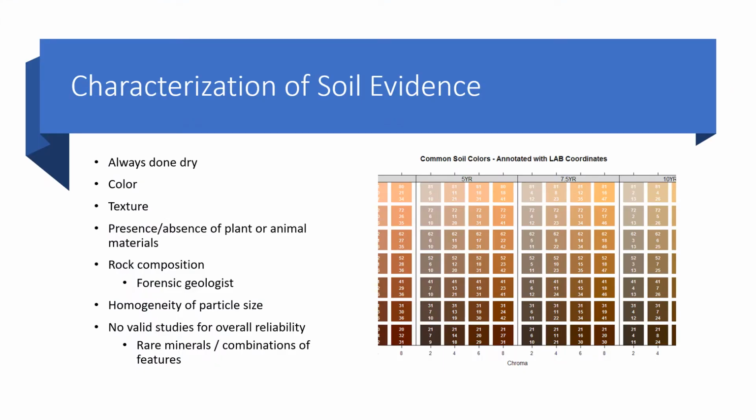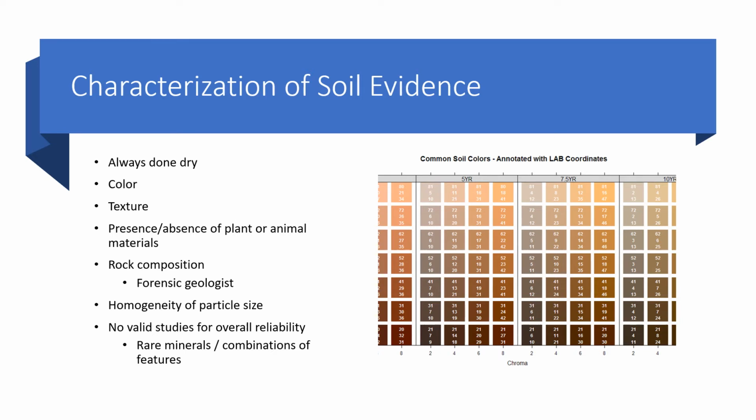You're always going to characterize soil evidence dry. So even if you collect it while it's wet, you'll need to let it dry completely before you do any characterizing of it. Not only are you not going to be able to see the real color of it, because it's going to be wet and look a little darker, you're not going to be able to sift out any kind of particulate mixed within it.